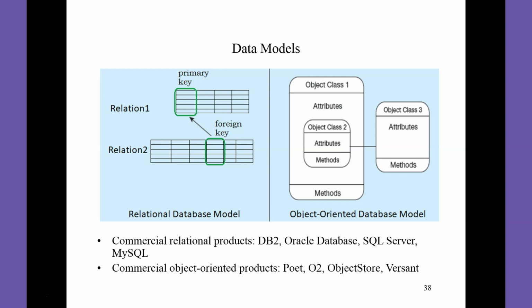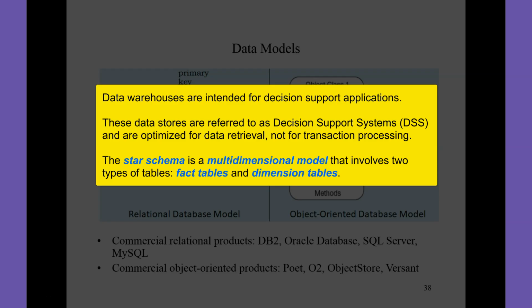Finally, not depicted here in diagram form, we mention multidimensional models. These typically apply to data warehouses and are used for decision support purposes. The star schema is a typical data warehouse structure. It's still a relational database, but there are two types of tables. One is referred to as a fact table and contains numerical data that can be aggregated, such as prices, sales revenue, payments, and so on.